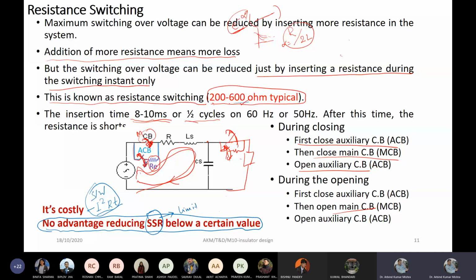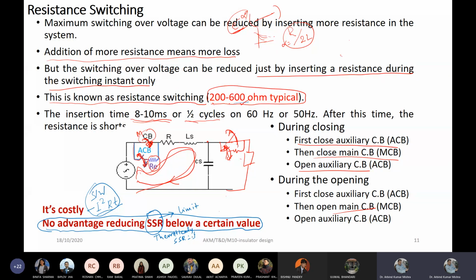Why is it? Because, just by increasing this resistance, theoretically you may achieve SSR equal to say 1. But will we use it? No. Why can we not use it?